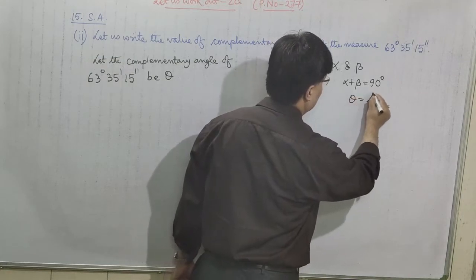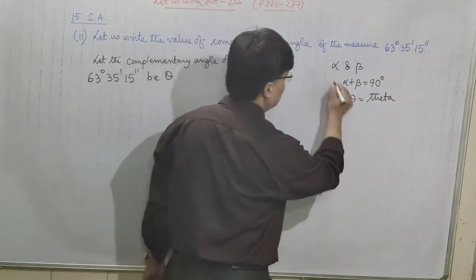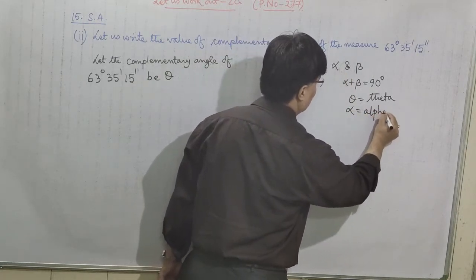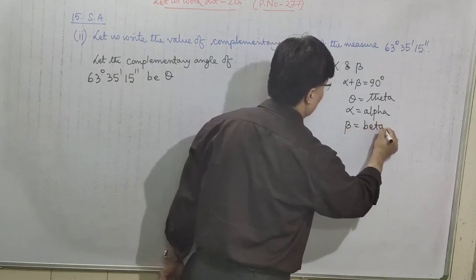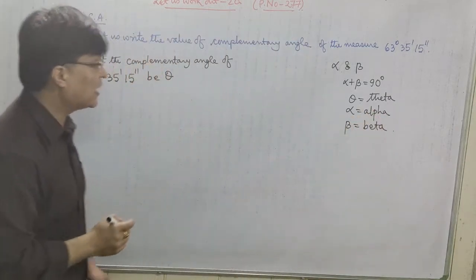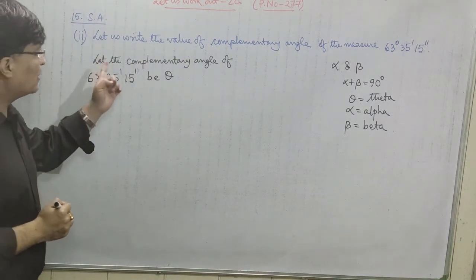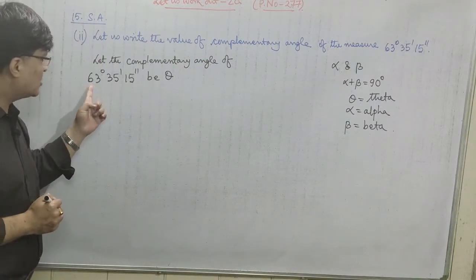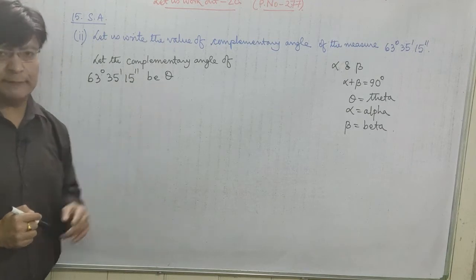This is known as alpha. This is known as beta. These are all Greek letters: theta, alpha, beta. Okay? Let the complementary angle of this angle, that is 63 degree 35 minutes 15 seconds, be theta.